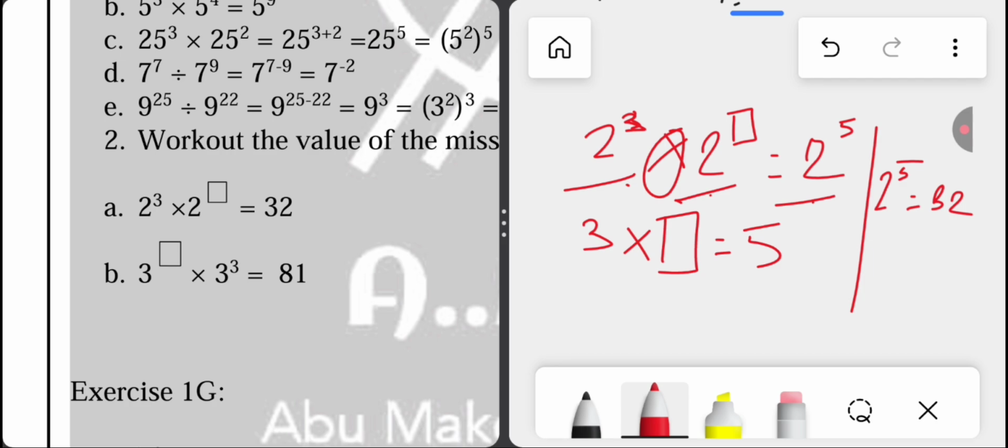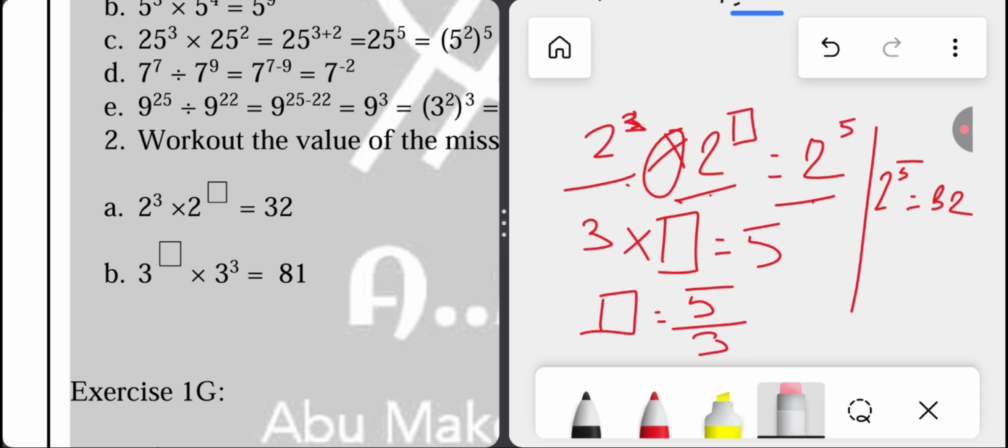So 3 into box is equals to 5, and now it is just basic subject maths, like subjecting x or any other variable from any kind of equation to find its value. Here, instead of a variable we are given a box, so we are going to find the value of box by dividing 5 by 3, which is the value of the box.